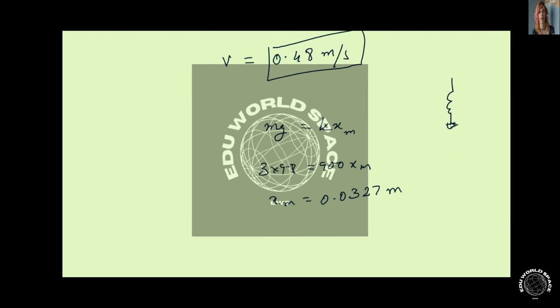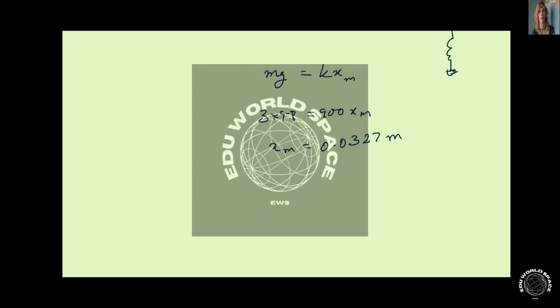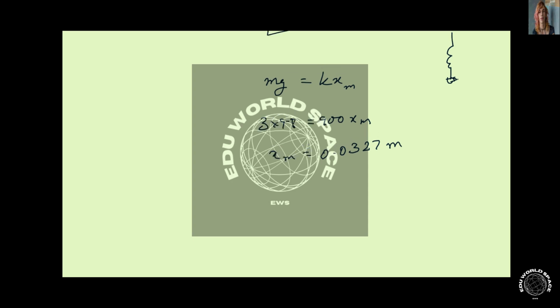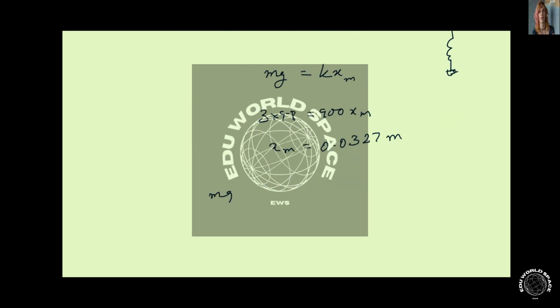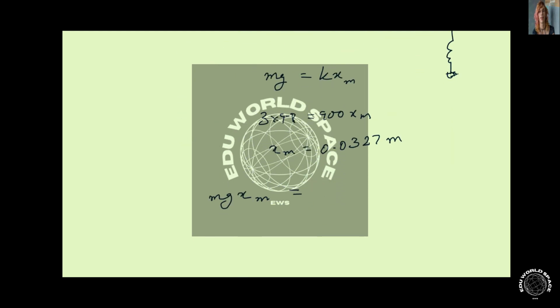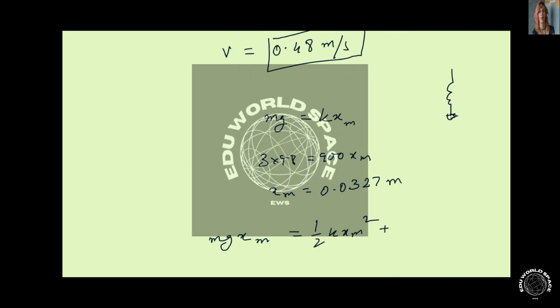Now what you need to do is plug in this value in the same expression where you will have the maximum velocity, because at the equilibrium position you will have the maximum velocity, right? So I take it from this equation, mg xm is equal to half k xm square plus half m vm square, let's say.